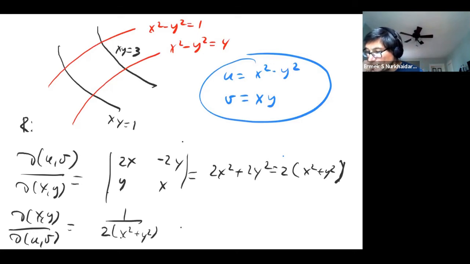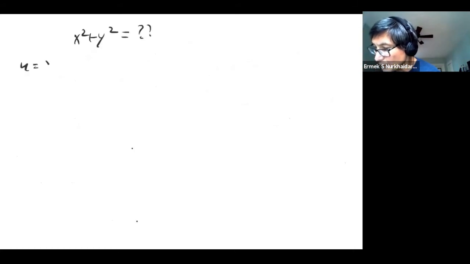And to get what x squared plus y squared will be in terms of u and v, let me try. So we wonder what x squared plus y squared equals in terms of u and v. And we have u equals xy and v equals x squared minus y squared.